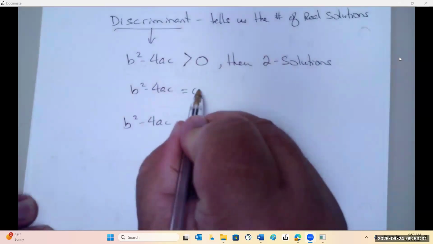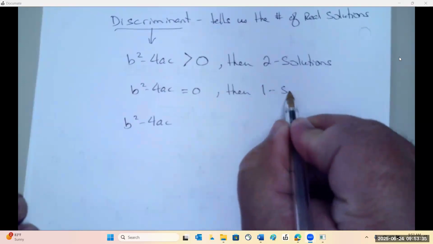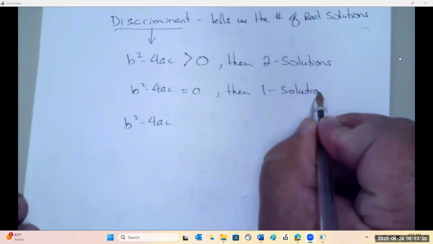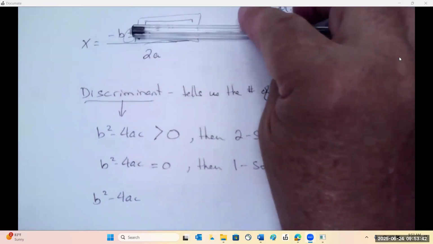If it equals 0, then we're going to have one solution, because if it equals 0, it's gone. All we have left is negative b over 2a.